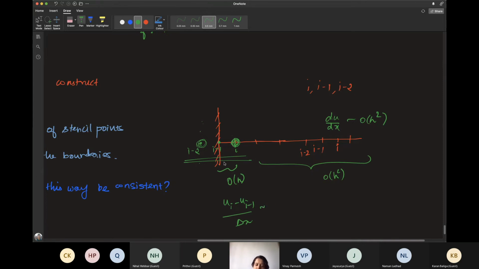So just at the boundaries, you can go for lower order accurate schemes. Mostly the easiest way is to go for lower order accurate schemes at the boundaries. If you don't want that, then you have to do some other construction at the boundaries to maintain the higher order accuracy of your scheme, even at the boundaries.